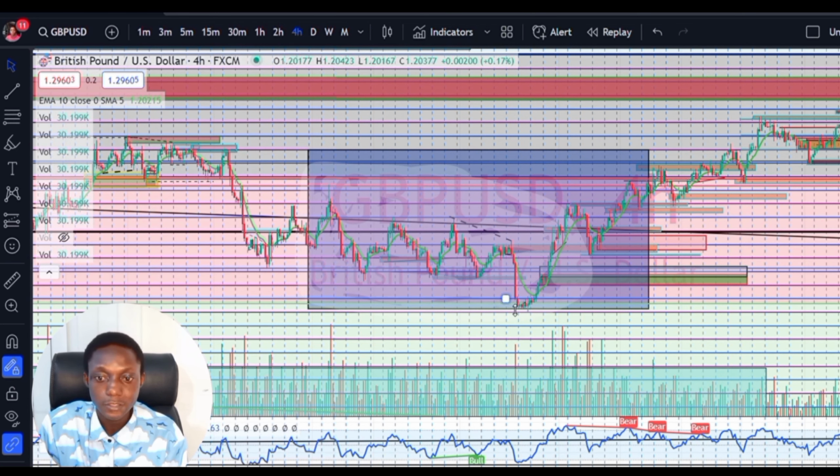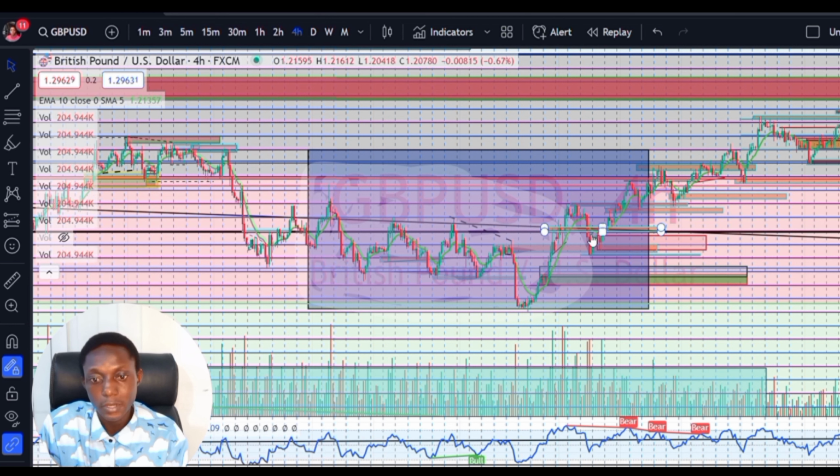And then after this test of the spring, what do we see? We see a massive push to the upside, breaking the creek. This point is the creek. So we see a massive bullish structure to the upside, breaking the creek, and that's a jump across the creek, the JAC.